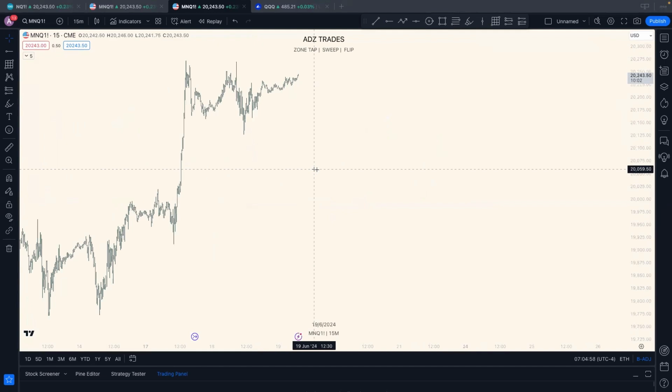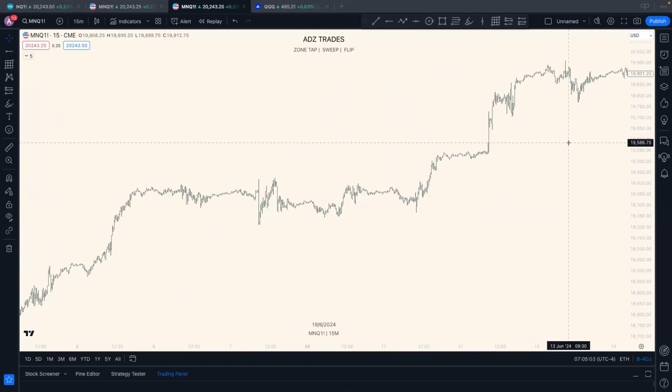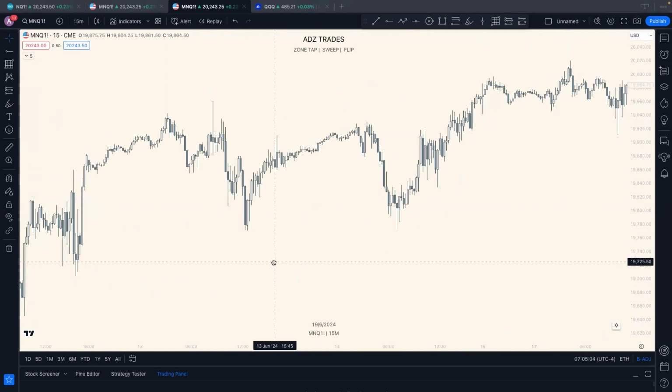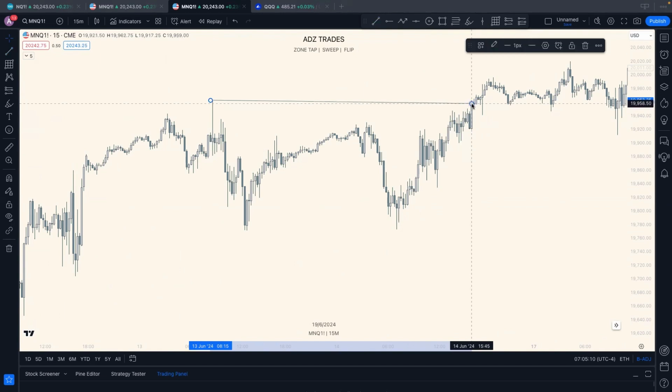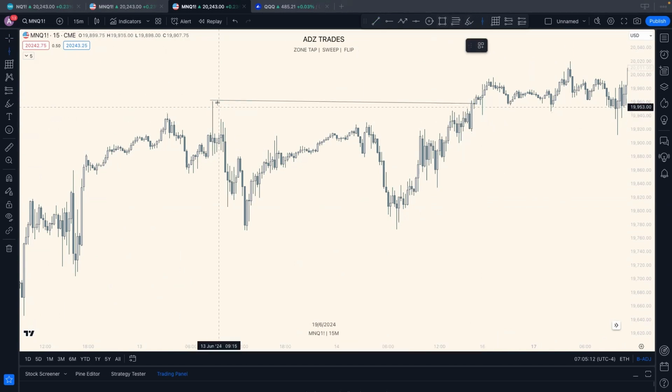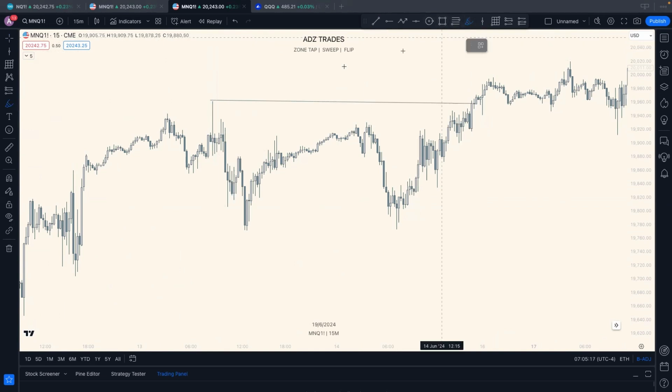So let's get into this market. If I saw this, what am I focusing on? Okay, what can I see? We had a high and we broke this high. So now we have high, low, high.